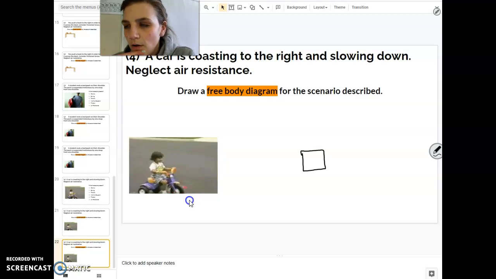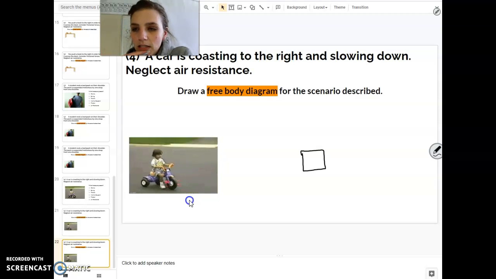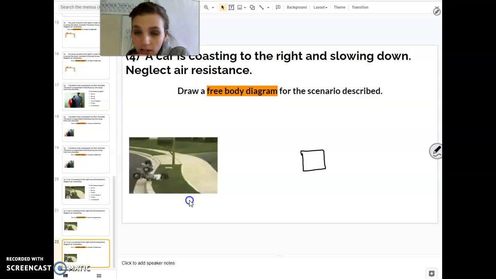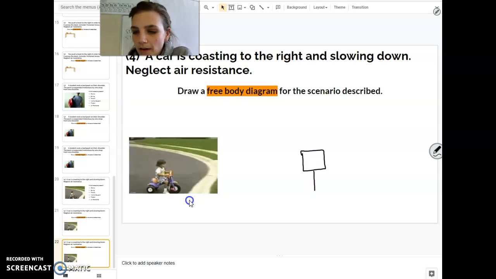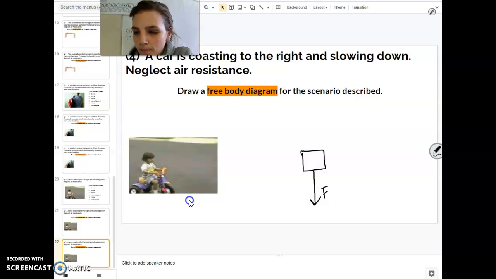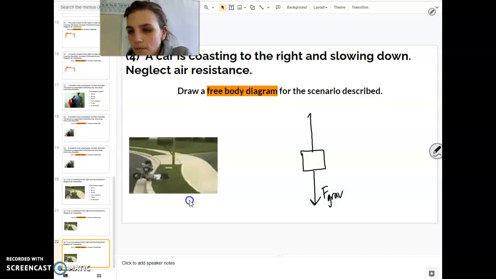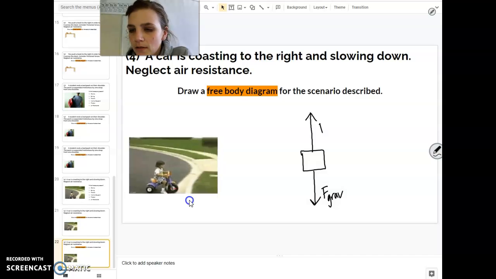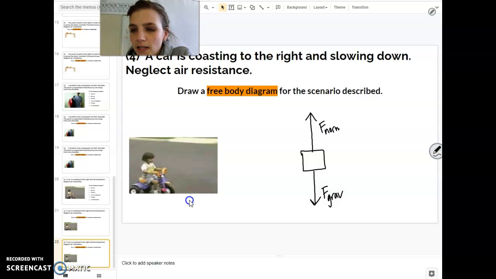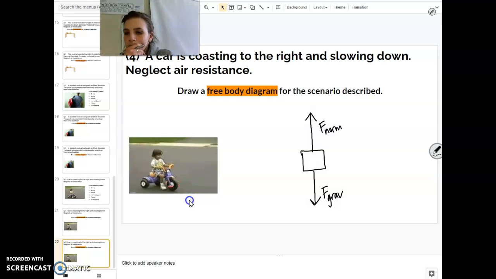Now, as always, gravity and normal force are easy to talk about and draw because they're equal but opposite. So gravity is pulling down on the car. Normal force from the road is equal but opposite, so that way the car just stays nice and steady on top of the road.